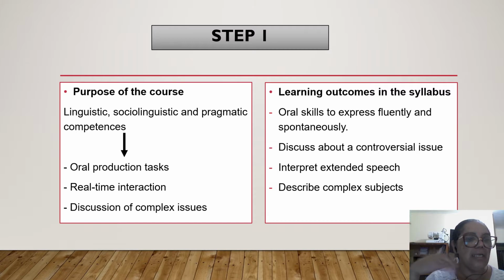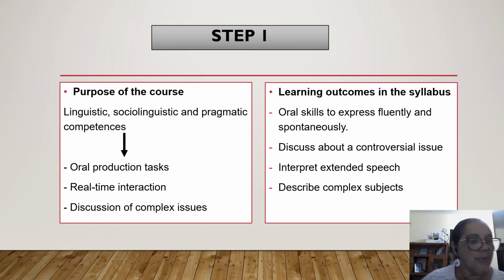And how many outcomes do I find in this syllabus? In this syllabus, there are four learning outcomes. Oral skill to express fluently and spontaneously, discuss controversial issues, interpret extended speech, describe complex subjects.